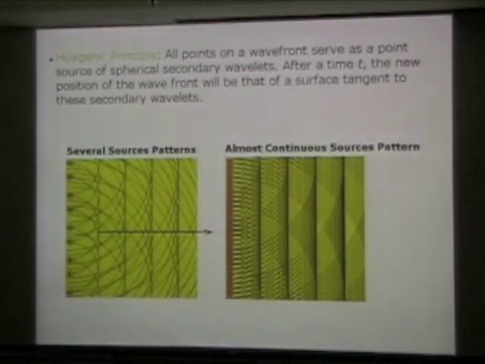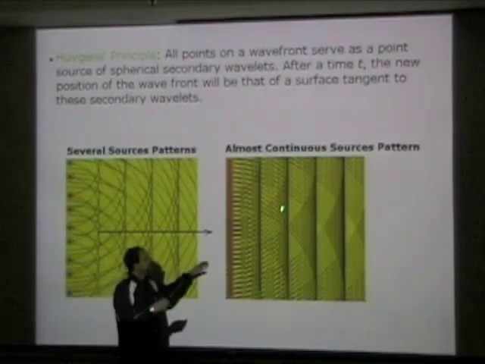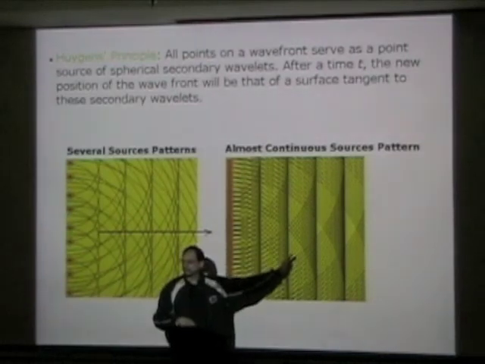Well, to merge the wave properties of light and the particle properties of light, we can use the so-called Huygens principle. Light is a wave, so a wave has a wavefront, and each point of a wavefront can be seen as a point source which generates spherical waves, and those spherical waves interfere, and that's how they form a new front, and that's how the wavefront is moving.